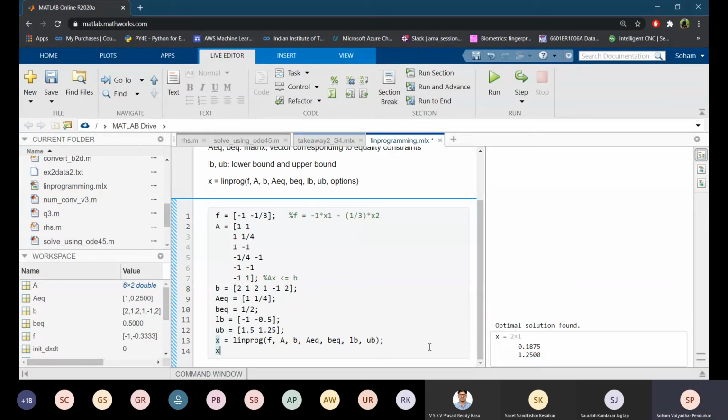I'll also explain what this options argument is. Just a minute, let's try a little.